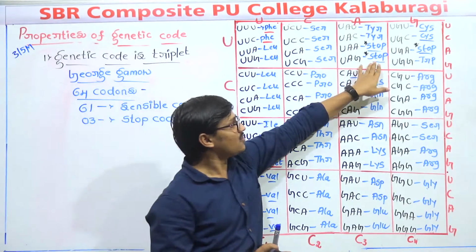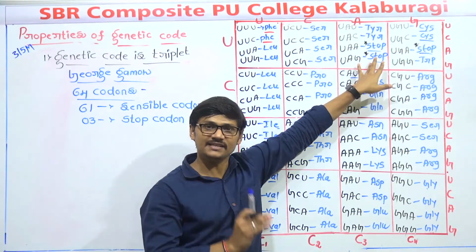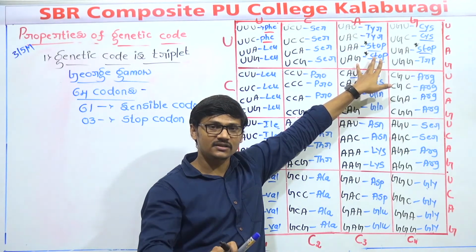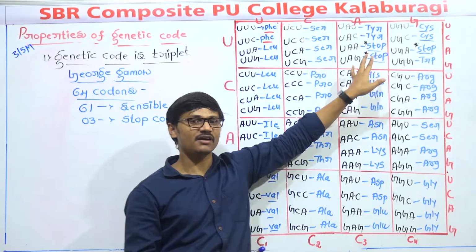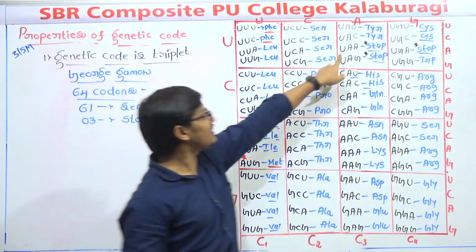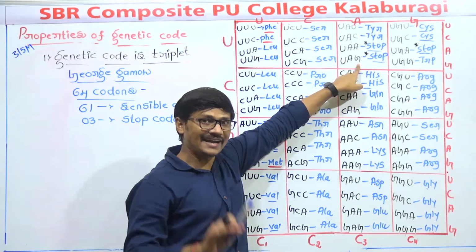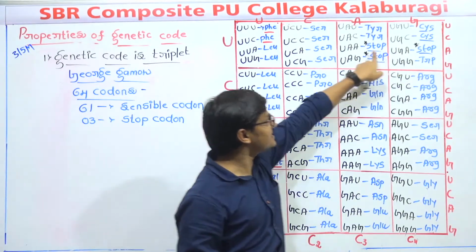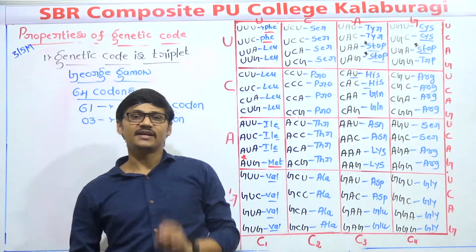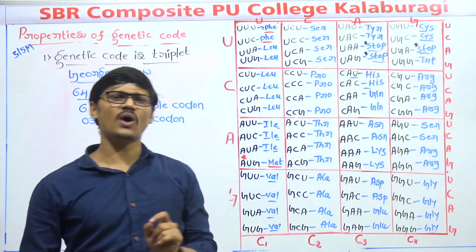And why are they called stop codons? These are responsible for stopping, ending the translation process. What is the meaning of translation? Protein synthesis. These 3 are responsible for stopping, ending protein synthesis. Since they stop, that's why they are called stop codons. And students, it is one of the most common 1 mark questions.